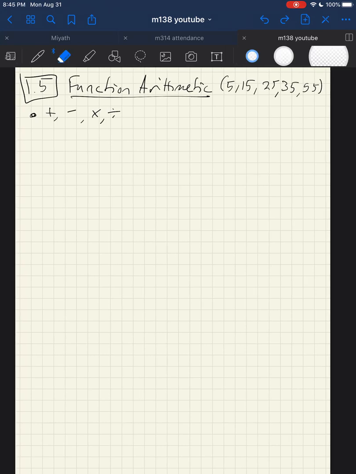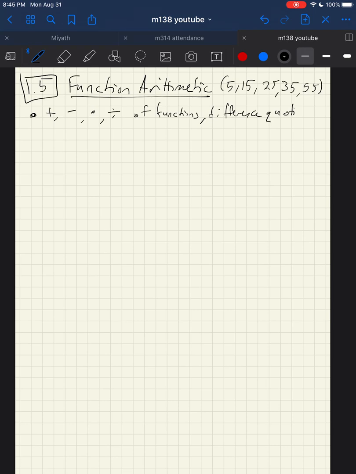Actually, let me write this as a dot. We're also going to do a very special thing called the difference quotient. And then I'd like for you to work through examples 1 and 2.